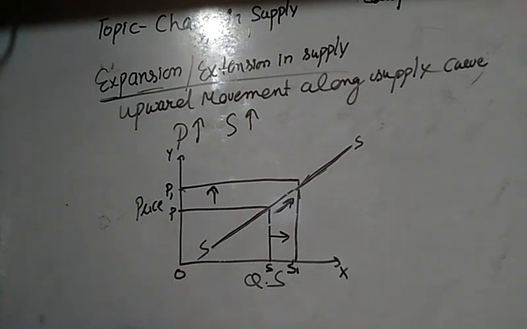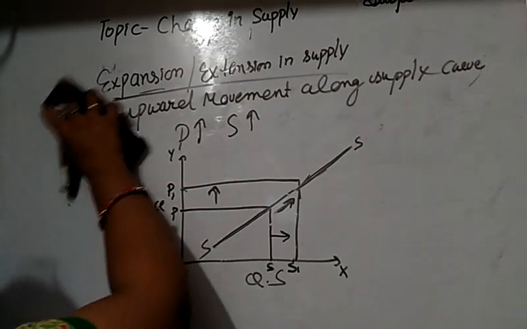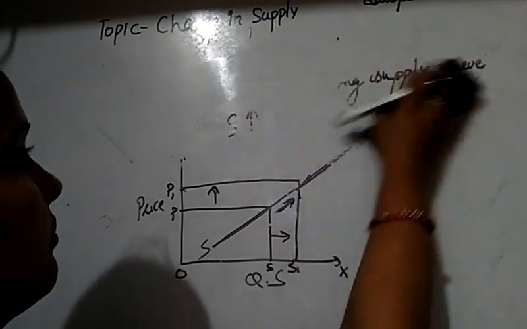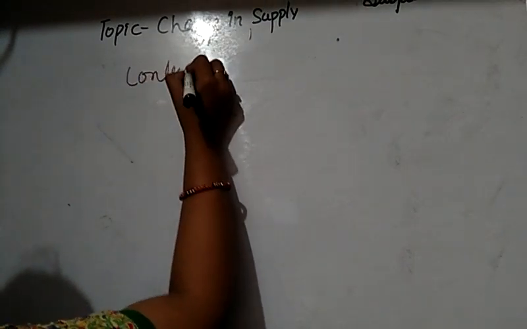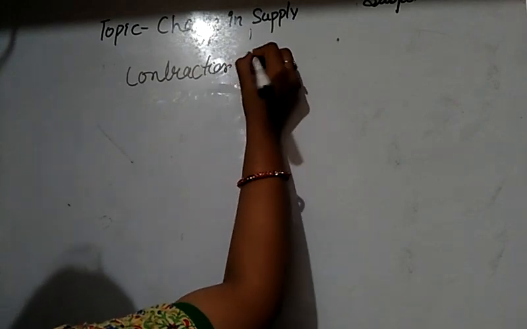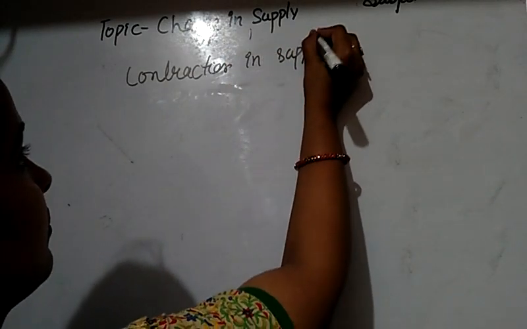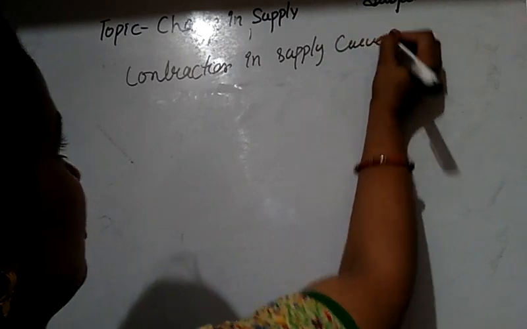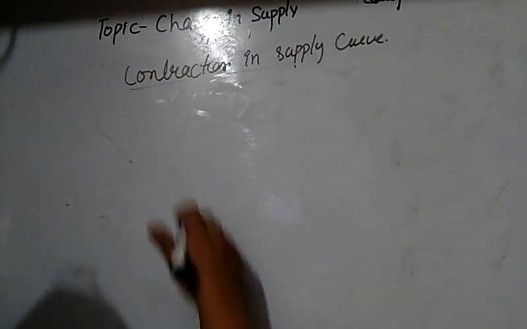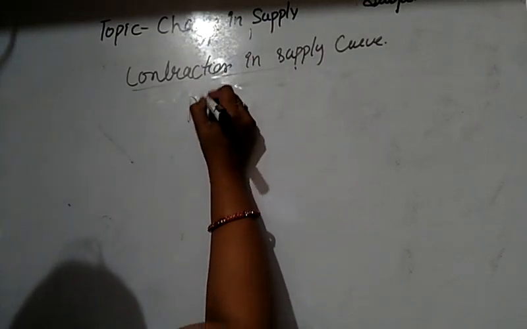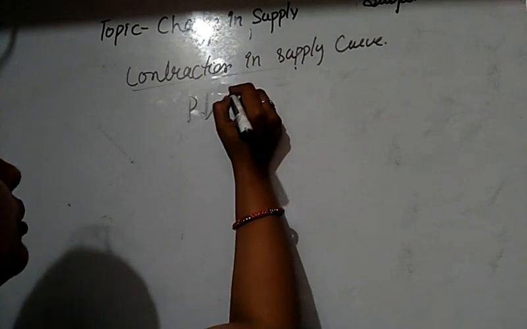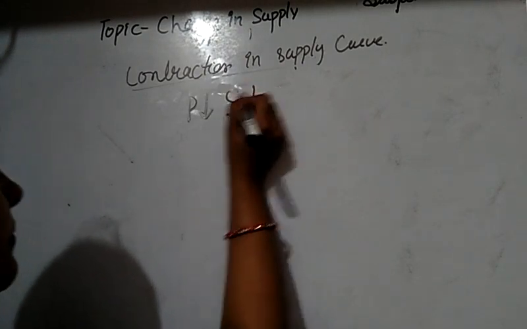Next is contraction in supply curve. Contraction in supply happens when price decreases, and this leads to decrease in supply.